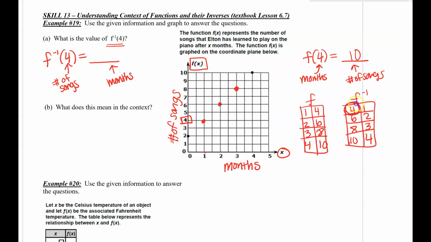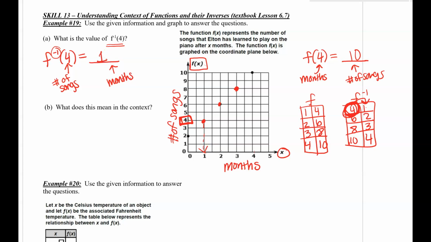So f inverse of 4 means when you input 4 to the inverse, you get out 1. So if we wanted to look at it on the graph, we would be actually looking for a y value of 4 because we're looking for an input for the inverse. The input for the inverse is the output of the original function, and then that lines up with 1.